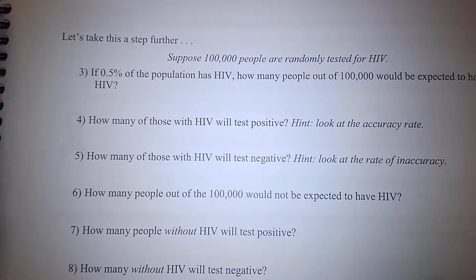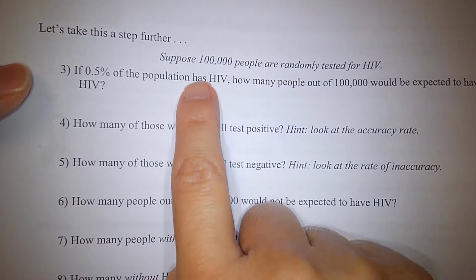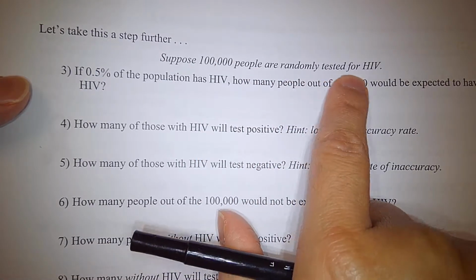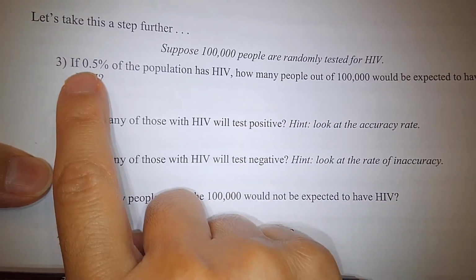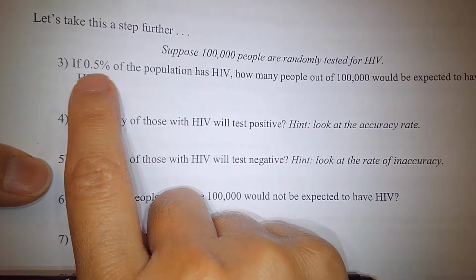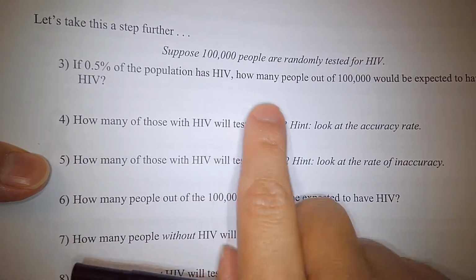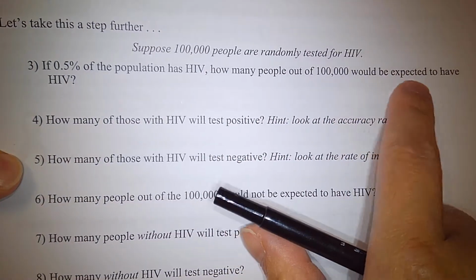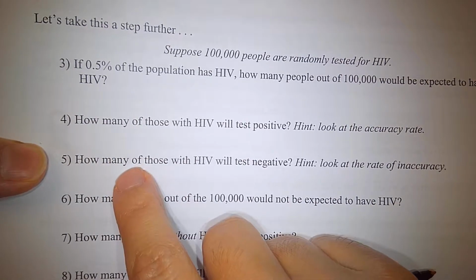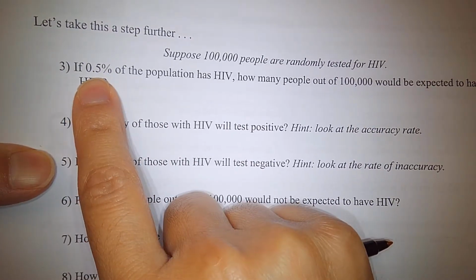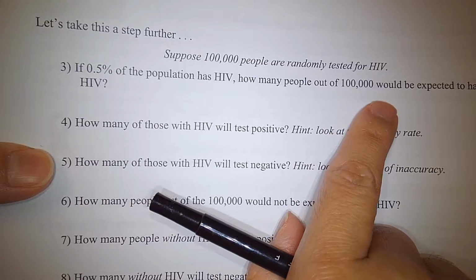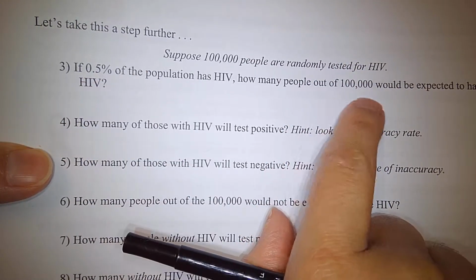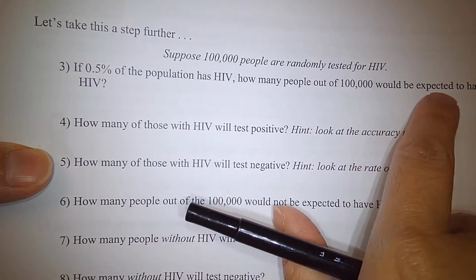Our next several questions: suppose out of 100,000 people that are randomly tested for HIV. Question 3, 0.5% of the population has HIV. How many people out of 100,000 would we expect to have HIV? How to do the calculation? Out of the 100,000 population, 0.5% are expected to have HIV.